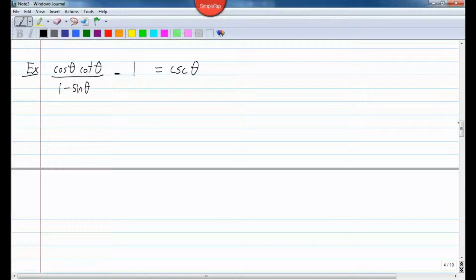The only thing I know that I can try for sure is I can get a common denominator and put these two terms together. Now just like if this was just 1/5 minus 1, the common denominator would be a 5, right? Because 1 doesn't have a denominator, or it's just 1. So the common denominator here would be just 1 minus sine theta.